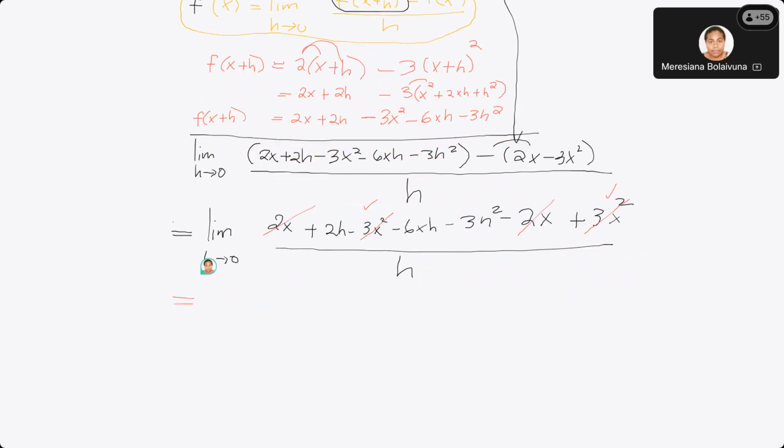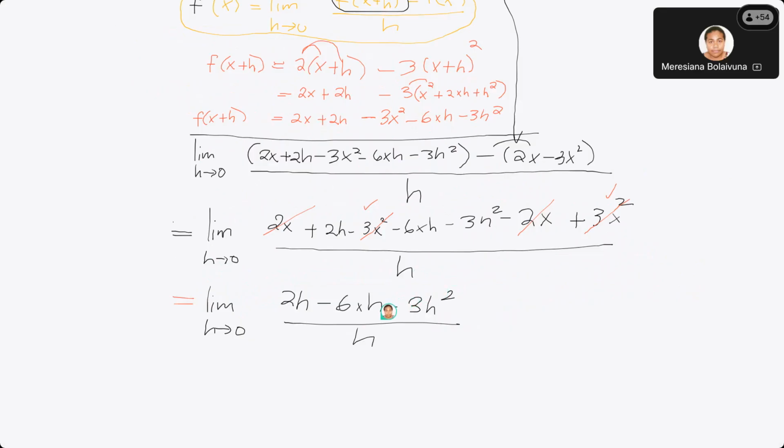So now we only have the limit as h approaches 0 of 2h minus 6xh minus 3h squared divided by h.